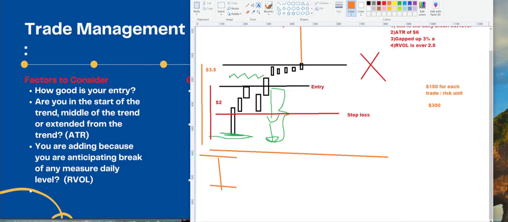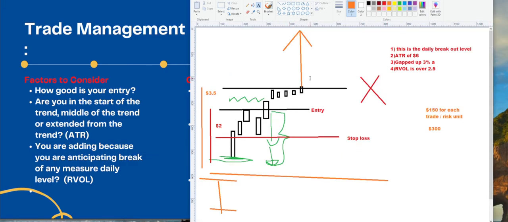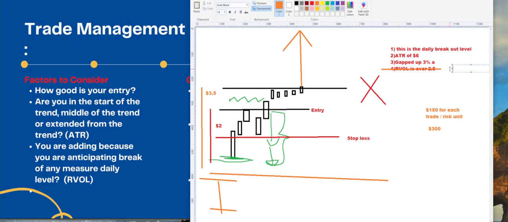Another scenario would be if you just missed out, that is, some of the factors are cancelled. Take the same example, but a little bit different scenario. For instance, there is no R Wolf over 2.0; R Wolf is 1. So since R Wolf is only 1, the ATR is not $6 but $3.5.